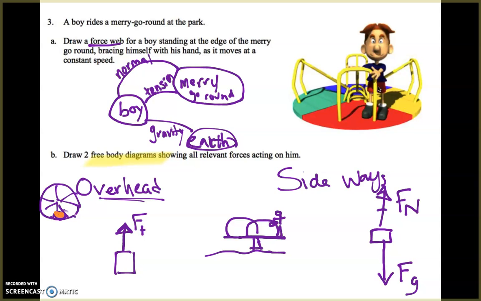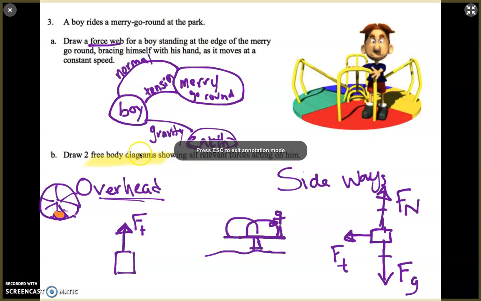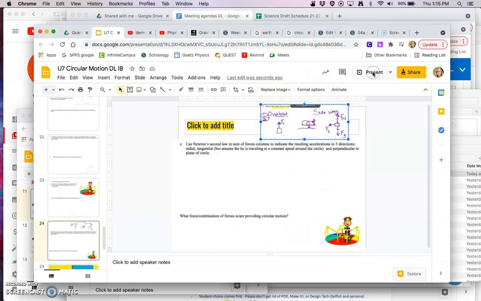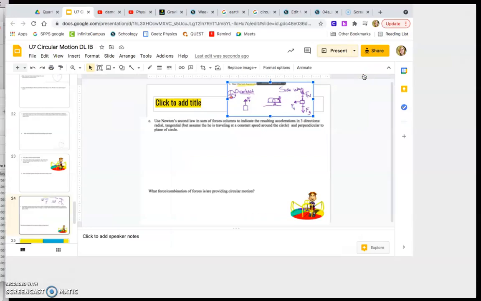I know that these two are going to be congruent because the boy is not going to fall through the merry-go-round. And then I've got my force tension here towards the center of the circle. So I've got these nice free body diagrams, and I got us a picture of them.